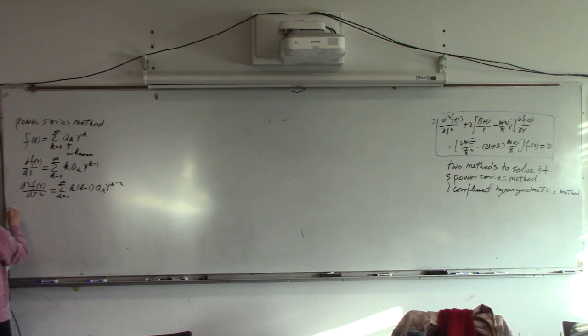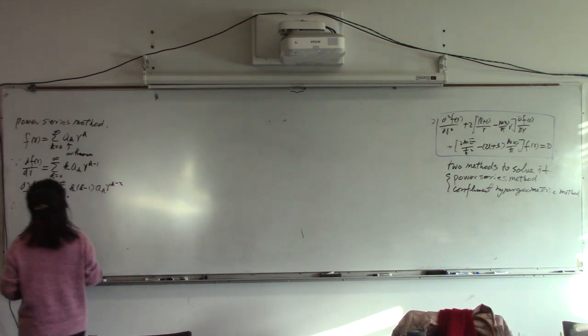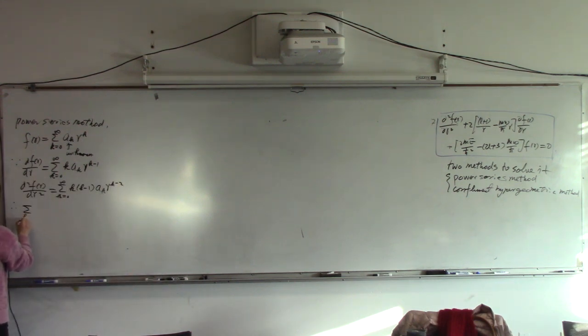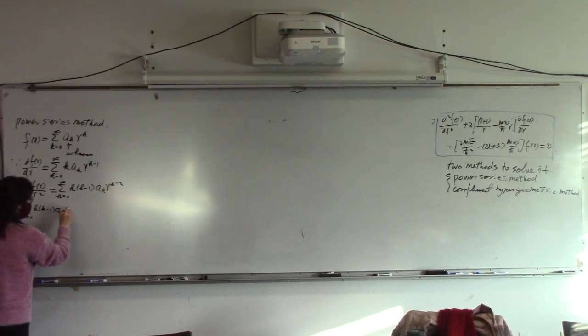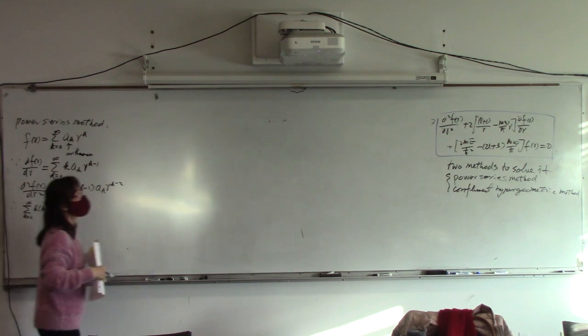So now let's do that. The first one is second order, right? So sum k from 0 to infinity, k(k-1) a_k r^(k-2). Very simple.